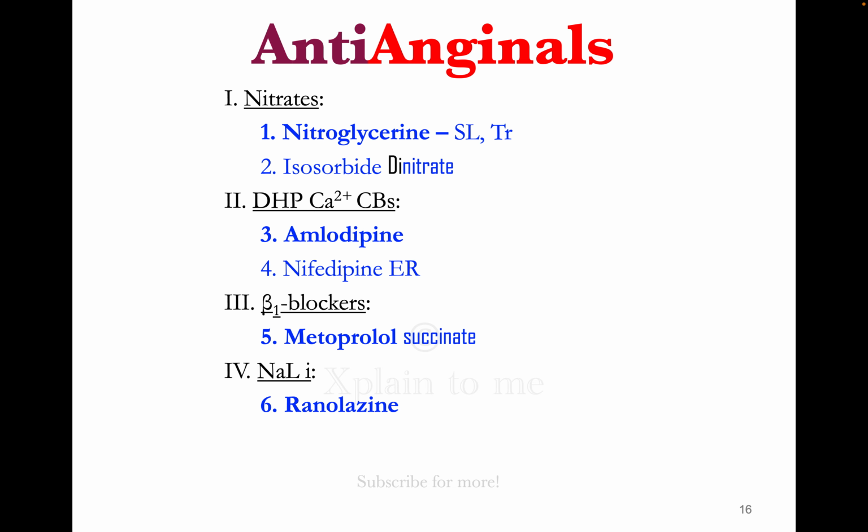Otherwise, you will go for metoprolol. Metoprolol has a specific target, the beta 1 receptor. Atenolol also has beta 1 specificity, but the problem is if you compare the adverse effects and the other pharmacokinetics, atenolol has much lower efficacy compared to metoprolol for anti-anginal and other functions.